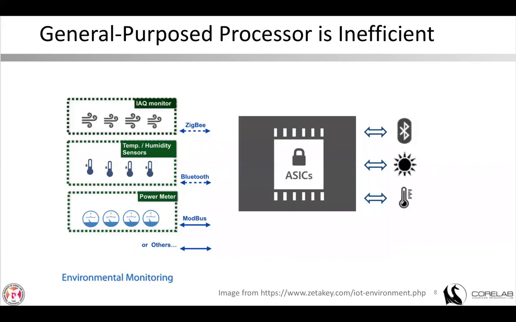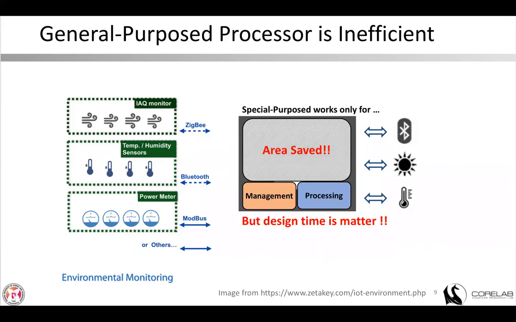In the case of ASIC, a lot of area can be saved because it is manufactured with only necessary functions. However, the high hardware design cost is a problem, which can be solved by high-level synthesis.